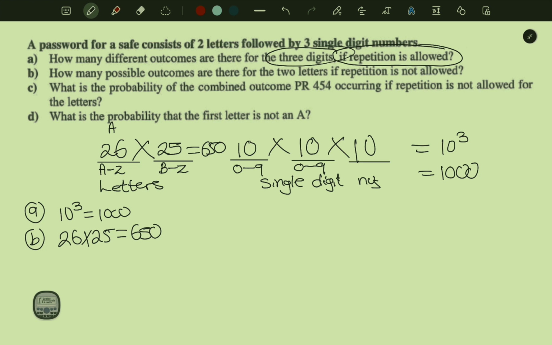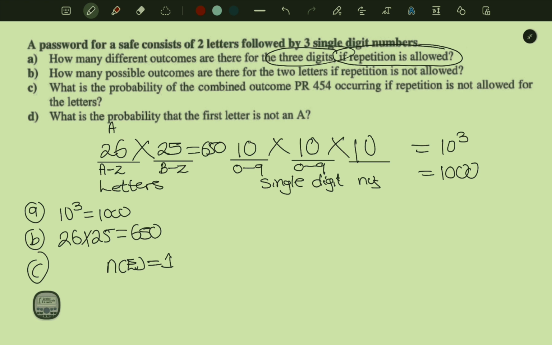If E is the event that the combined outcome will occur, that means n(E) is equal to 1, because there's only one possible way that PR454 can occur.